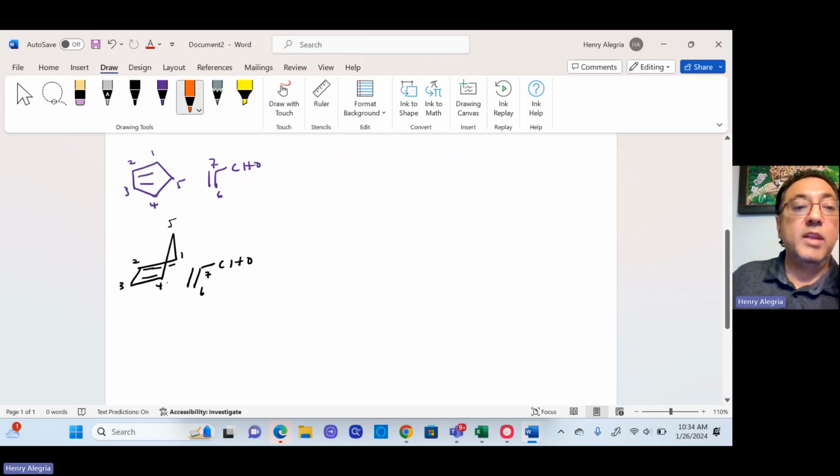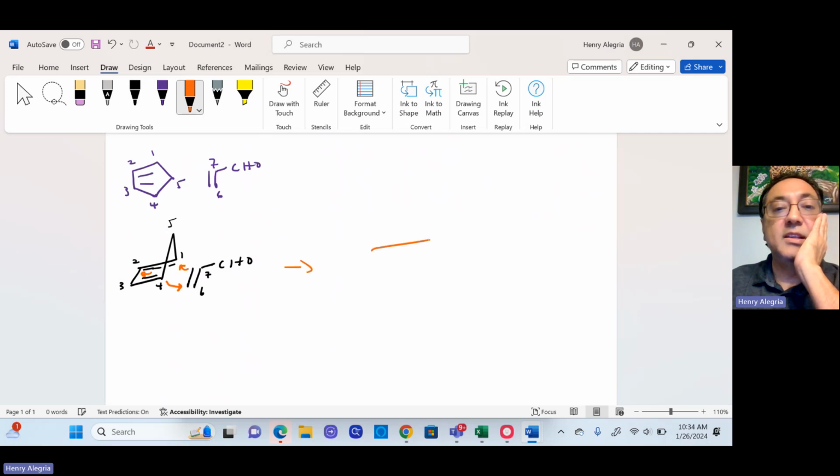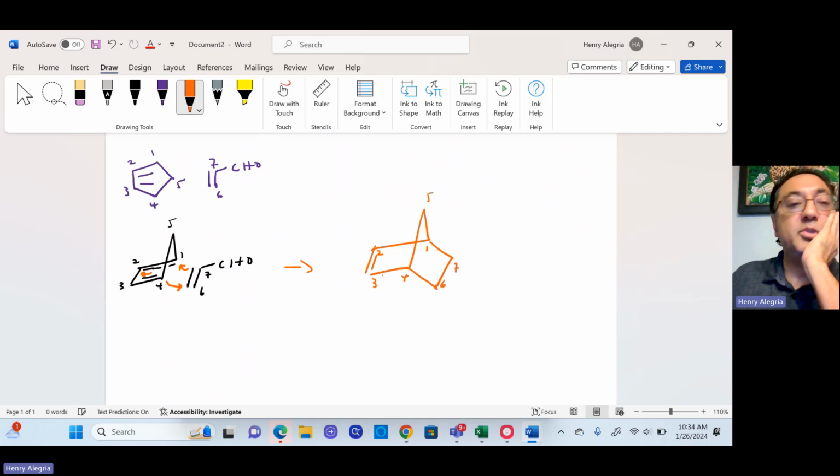So now when 4 reaches over and forms a bond with 6, 7 with 1, and the double bond changes position here, notice that you can readily see the bicyclic nature of this product. Here's 1, here's 2, here's 3, here's 4, here's 5, here is 6, and here is 7. The double bond is between 2 and 3, and 7 is the one that has the substituent.